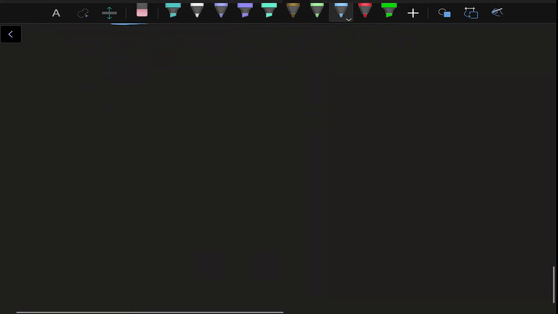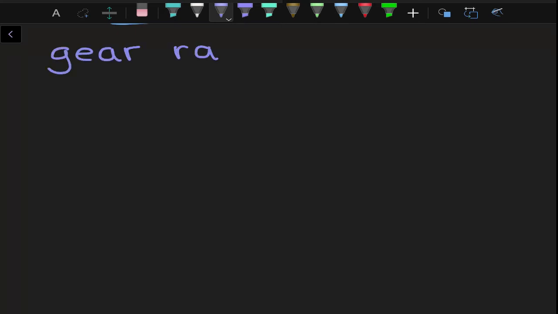The next thing that we need to learn then is something called the gear ratio. And this is the number of teeth each gear represents when there are 2 gears in an aircraft component. So if a pinion gear were to have 8 teeth and a spur gear would have 28 teeth, the ratio would be 8 to 28.